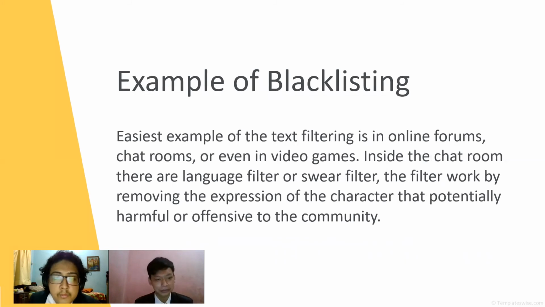The easiest example of blacklisting can be found in online forums, chat rooms, or even video games. Inside the chat room, there is a language filter or swear filter. The filter works by removing expressions that are potentially harmful or offensive to the community.